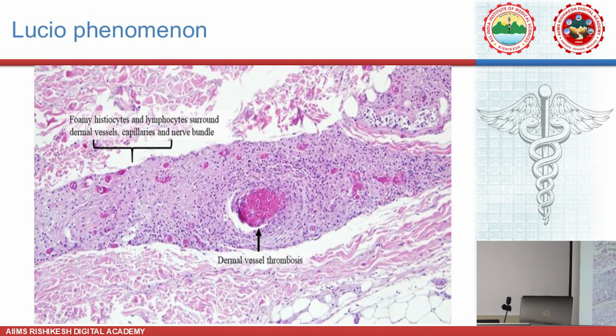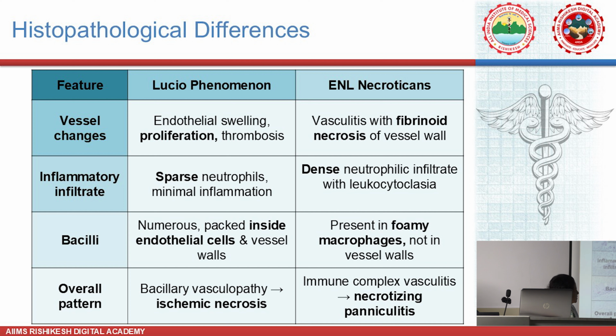When you were asked whether there is presence of vasculitis or not, the response was that this is not vasculitis, this is thrombosis. But there is obviously vasculitis, and that is one of the cardinal features. So vasculitis is vessel changes.